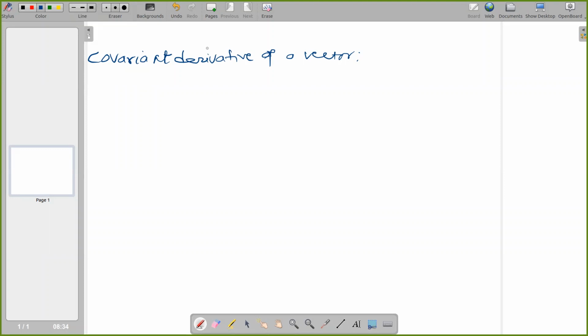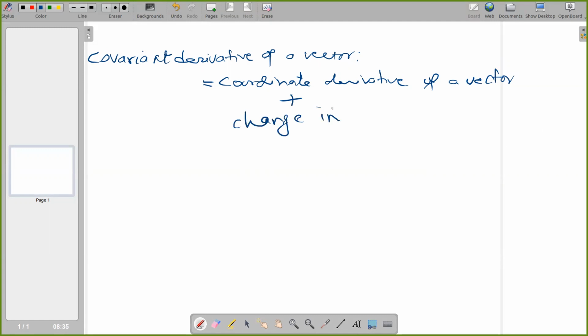in the vector caused by the change in basis vector. That is, we can write this is equal to the coordinate derivative of the vector plus the change in vector caused by the change in basis.